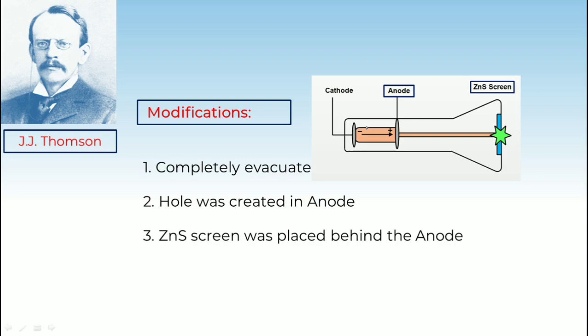When these rays pass through the anode and strike the zinc sulfide coating, a bright spot develops on the coating. Here the bright spot is developed.